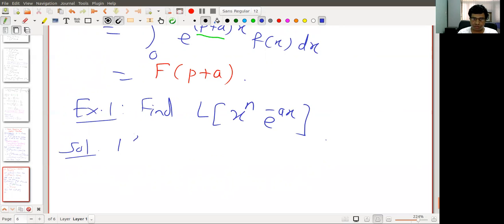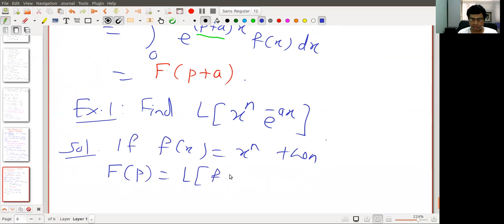Then we know its Laplace transform, that is capital F of p, is n factorial upon p raised to n plus 1. This we already have seen.